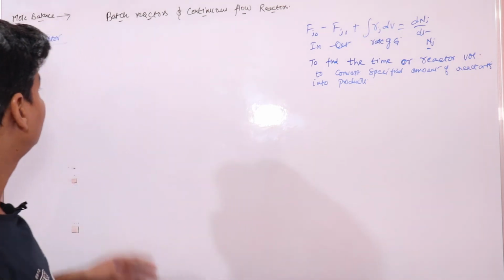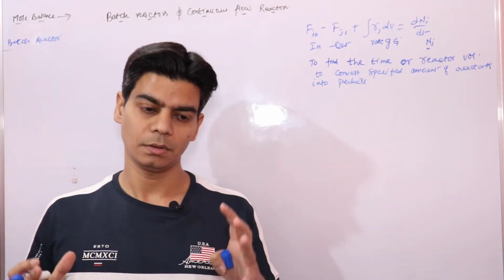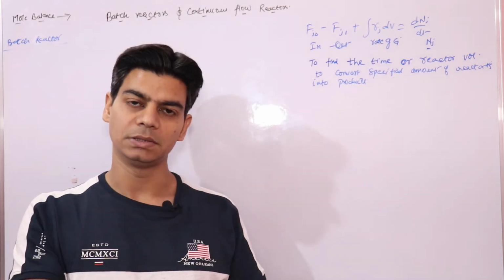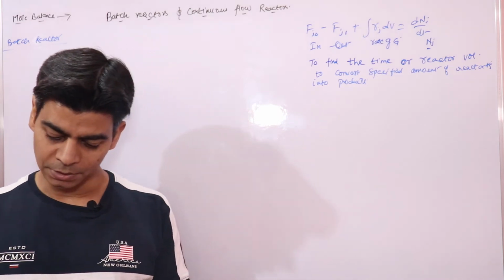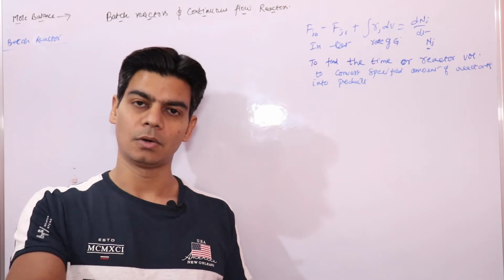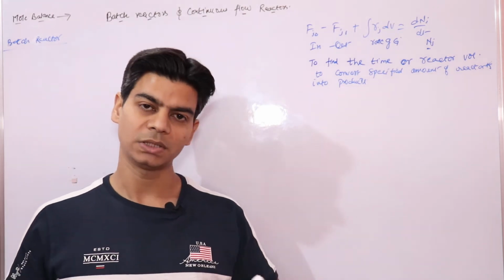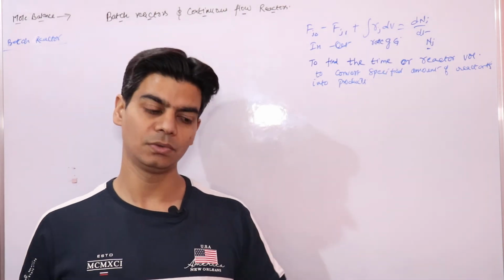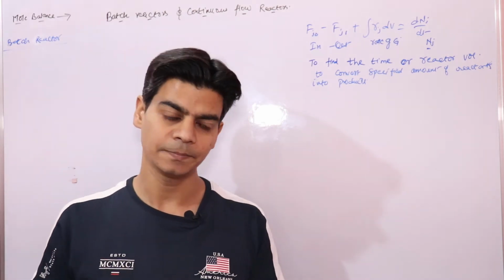When we say batch, it means you put the reactants into a reactor in batches, one after the other. So a batch reactor is one where you feed the reactants in batches. Once the first batch is completed, you clean the vessel, clean the reactor, then you put in the second batch.